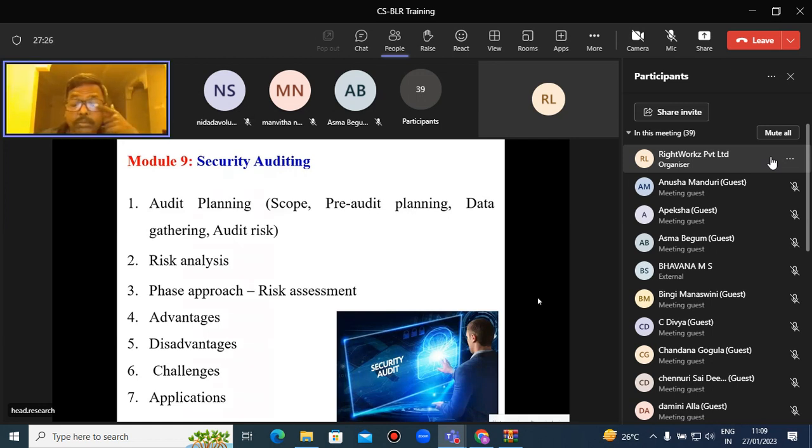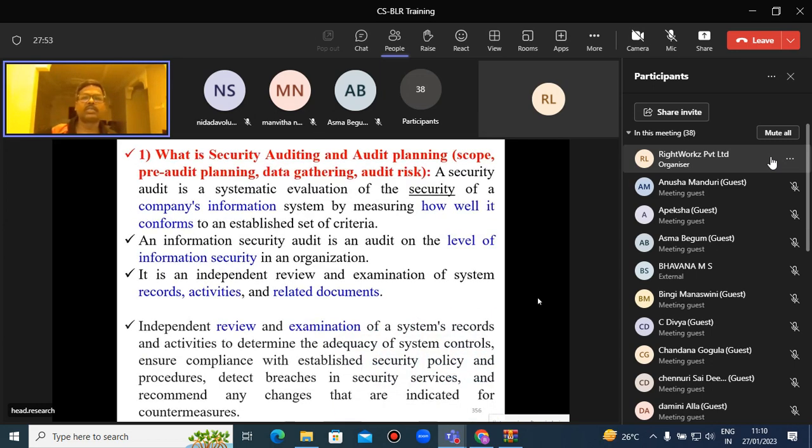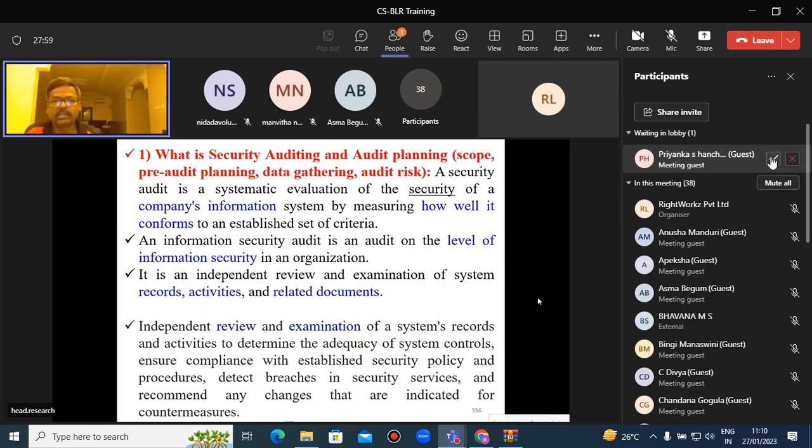These are the prime, first and foremost concepts, followed by risk analysis, the phase approach related to risk assessment, then the advantages, disadvantages, challenges, and applications. These are the 7 concepts I am going to explain today. First, what is security auditing, followed by what is audit planning, then we'll see them one by one.